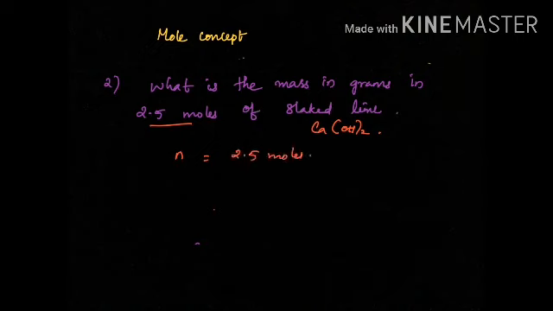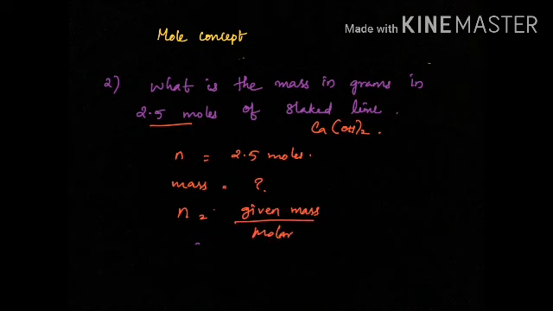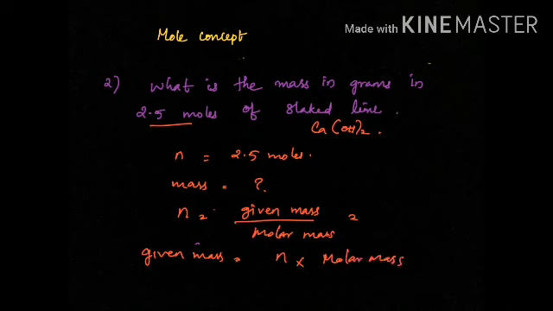So what do you need to find out? You need to find out the mass. Number of moles is given, and we need to find the mass. What is the formula? Number of moles is equal to given mass divided by molar mass. Given mass is what you need to find, so given mass is equal to number of moles into molar mass. Now what is the molar mass?